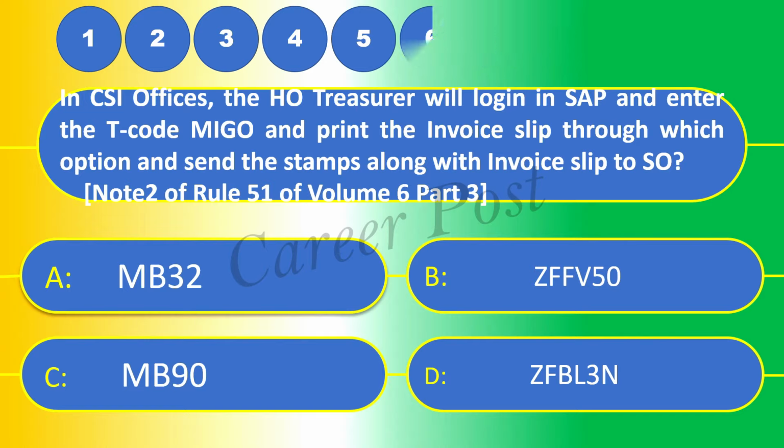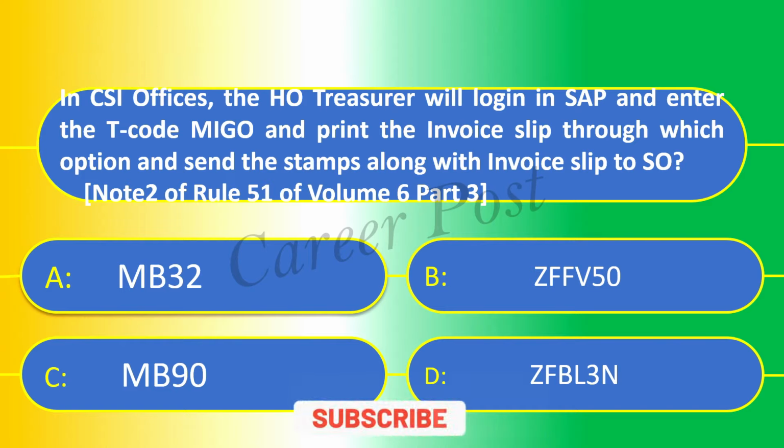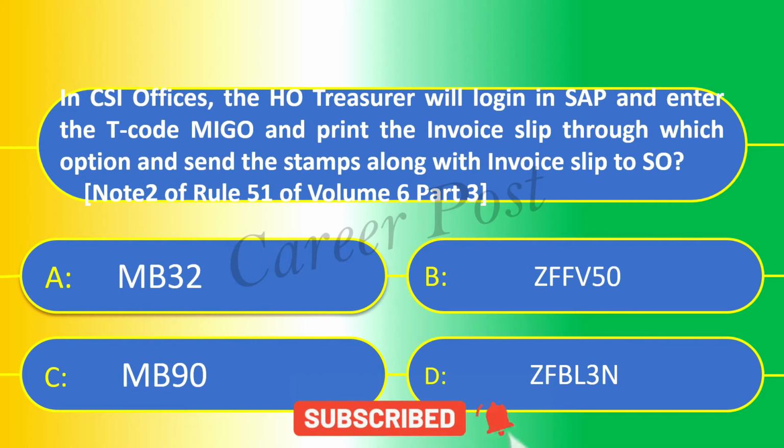In CSI offices, the HO treasurer will log in SAP, of course, and enter T code MIGO and print the invoice slip through which option? That means, what is the T code for printing the invoice slip while sending the stamps? That is the question. The answer is MB90. In MB90 you will print it. Print option is MB90. Normal T code is MIGO. Next question.